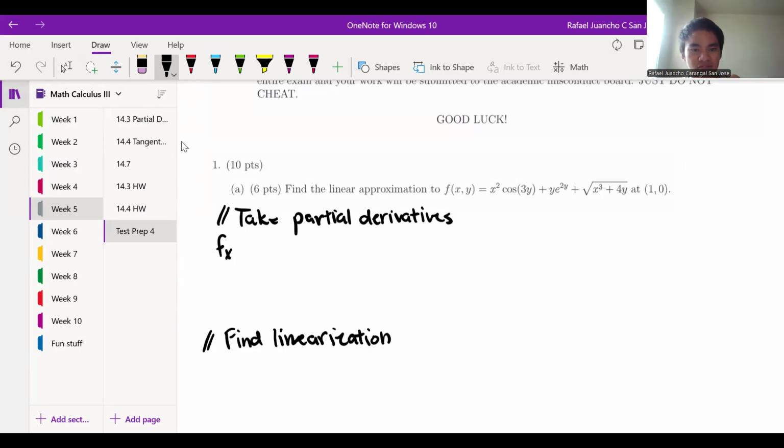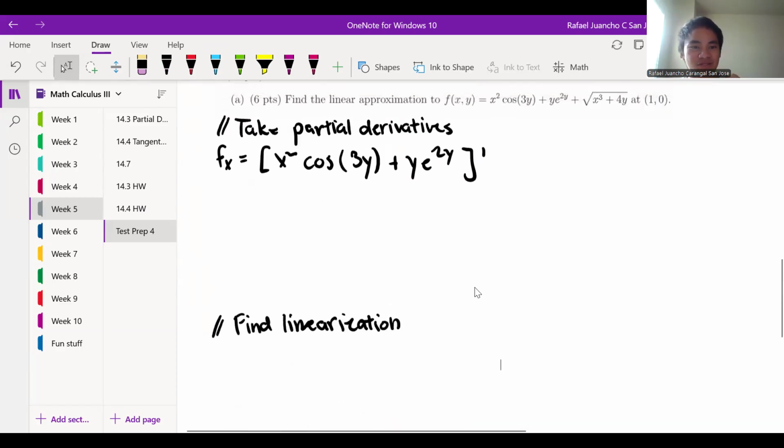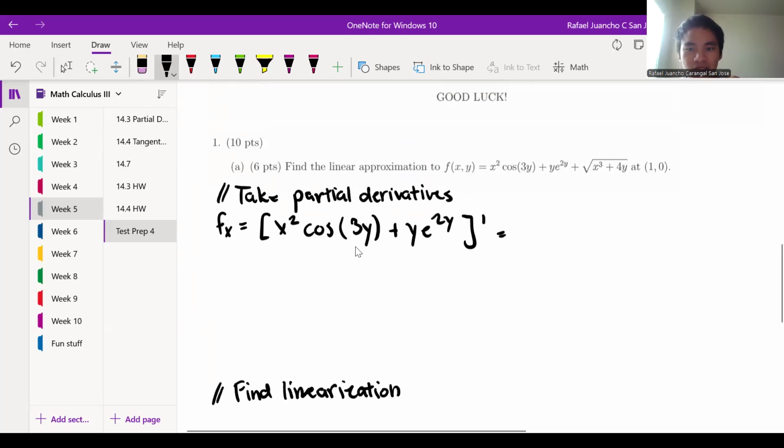Okay, I'm going to get f sub x. So I'm going to take the derivative. Let me just put this down. Yeah, I'm going to do it live as well. Okay, I take the derivative. Here I see that my y is a constant. So this is immediately 0.